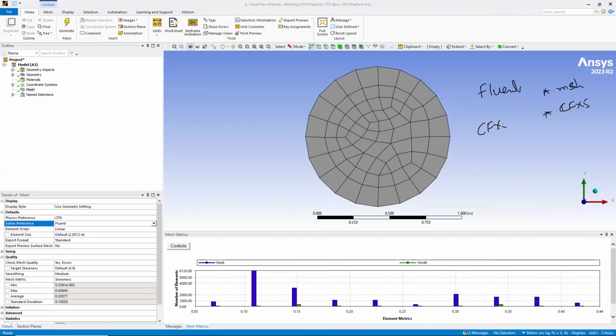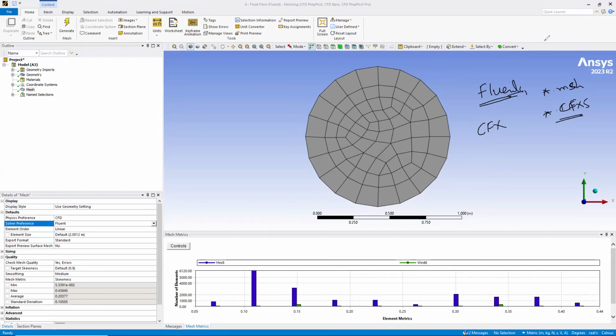And so for this problem, why are we not selecting CFX as a solver preference? One thing is that in our course, I said I will be using Fluent. Secondly, I chose Fluent because the majority of people are working in Fluent. But even if you go with CFX, Fluent and CFX have almost similar features.